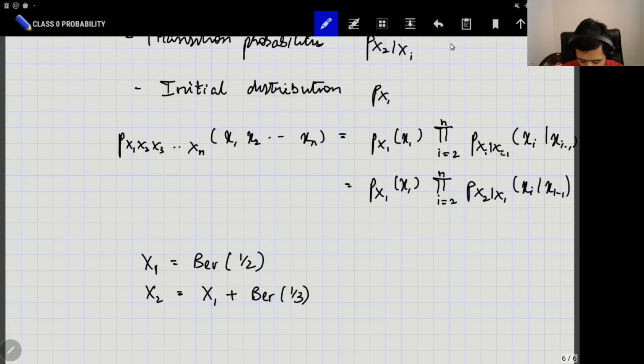Now to this x1, you add another Bernoulli random variable, so you toss a coin again, you get either a 0 or a 1. But this coin is not fair, the probability is 1/3. So if it's a 1, then you add a 1, you XOR a 1 with the previous one. So here by sum I mean the XOR, sorry.